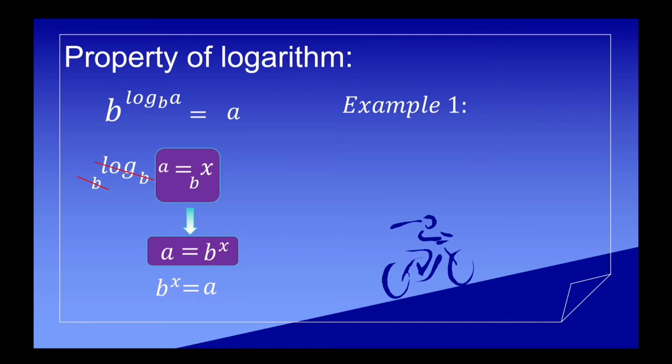We have here our first example. So let's evaluate the given logarithmic expression, that is logarithm of 4 with a base of 2. Since we're looking for the value of this logarithm, we let this expression equal to x.